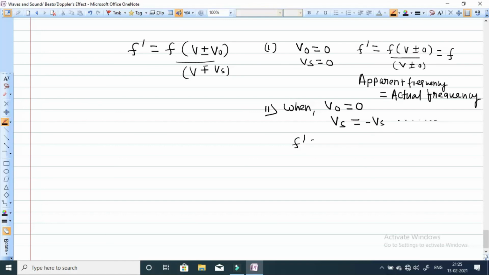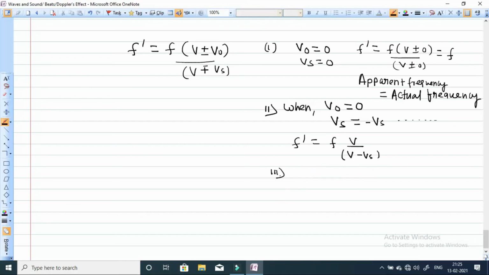Then f dash will become f into v divided by v minus vs. If the source is moving towards the observer, the frequency will increase. And in this way we can analyze all the cases.